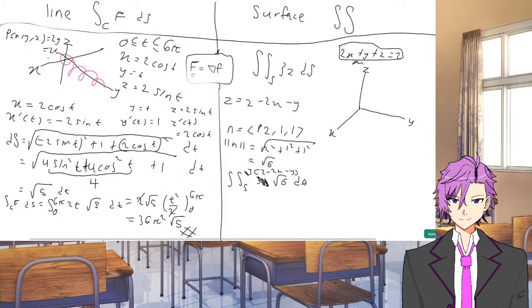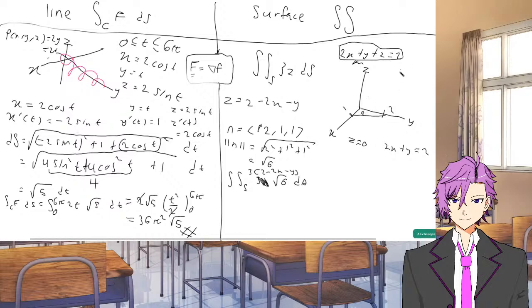And then if we want to make the region bound, like this part here, we'll have to make z equal to 0, so that 2x plus y equals 2. So we'll do the intercept here 2, and then the intercept here 1. So this will be our region.